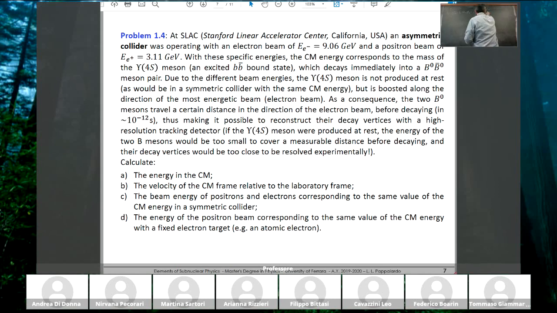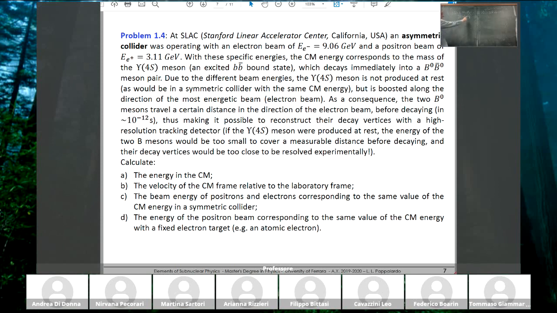To make this formally correct, we write this vector as P minus in the z-axis direction, and then plus P plus in the opposite direction. So we have P minus minus P plus, and this is the modulus of this vector.